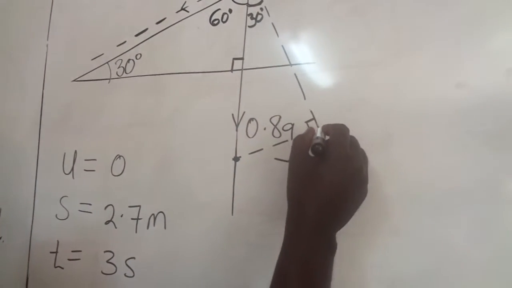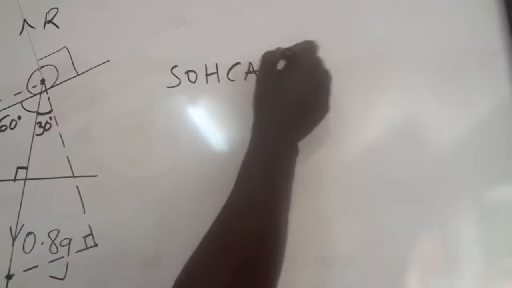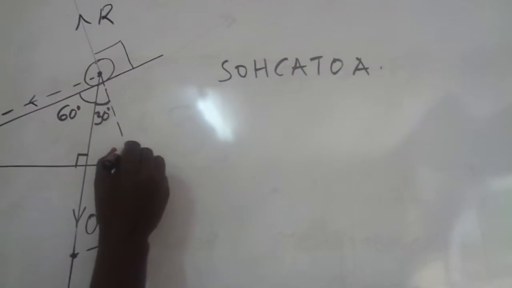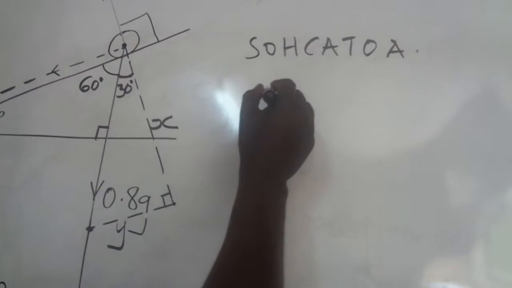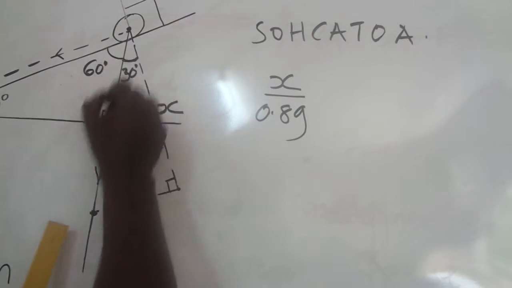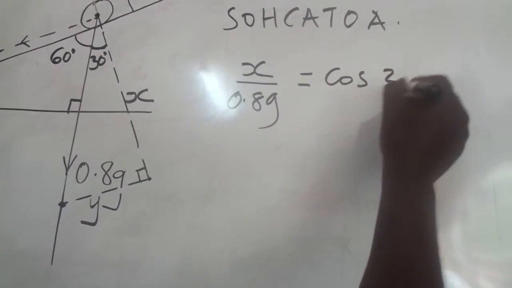Using SOHCAHTOA, if this is x and this is y, then x over 0.8g, the hypotenuse, is cosine of 30 degrees.